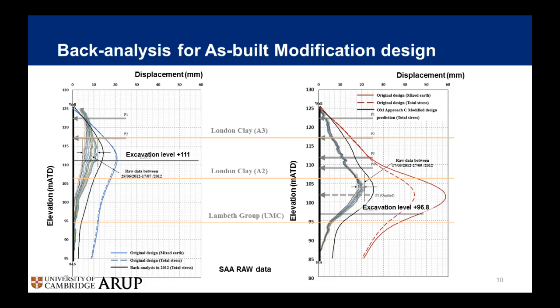Even though we can see at this early stage the prediction by total stress analysis and mixed earth pressure analysis doesn't really show much difference, with the excavation depth increasing, this difference became more significant. And we know from the monitoring data it doesn't really show that much movement. So we know the total stress is probably more like the most likely condition for this excavation construction.